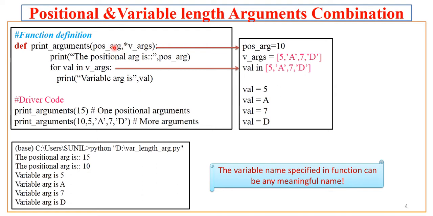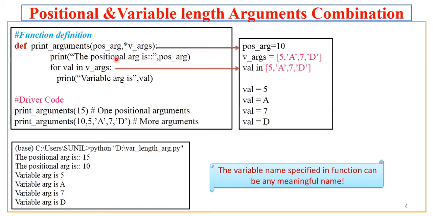First is pos_args, the positional argument I will be passing, and next is the variable length arguments. Here again the same variable var_args, preceded with a star symbol, indicating that this is not an ordinary variable but has special meaning: it will collect all the variable number of arguments and refer to the list which Python creates in the background.